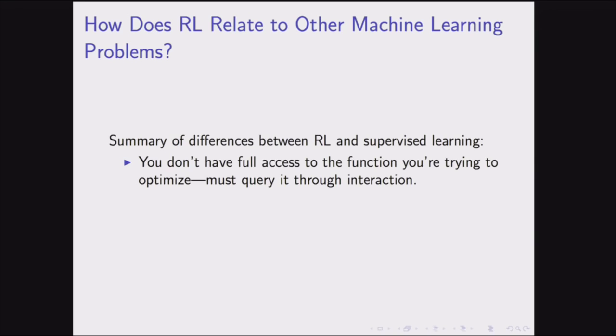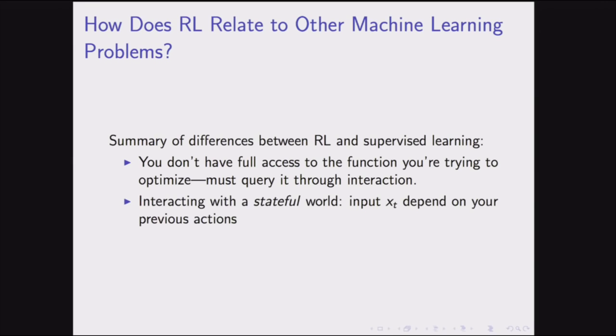The first one is you don't have full analytic access to the function you're trying to optimize. You have to query it through interaction. Second, you're interacting with a stateful world, which means that the input you get is going to depend on your previous actions. And if you just take the first of those differences between supervised learning and reinforcement learning, you get the contextual bandit setting. So that's sort of halfway in between.